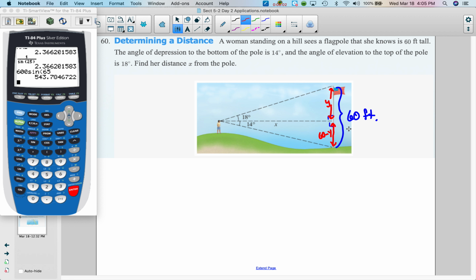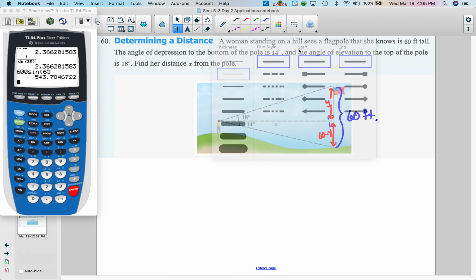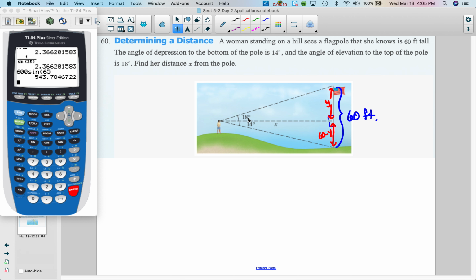So now I'm going to write out two trig equations for this. Let me make this a little thinner line. So if I start with the 18-degree angle, it's going to be opposite over adjacent. So that's tangent. So I'm going to have tangent 18 degrees equals y over x.